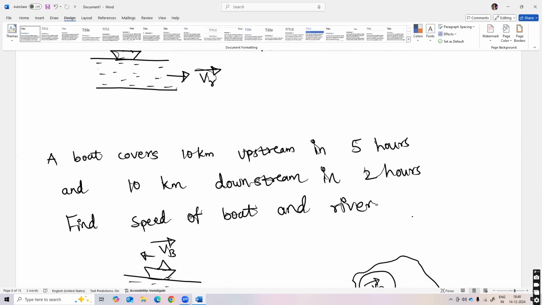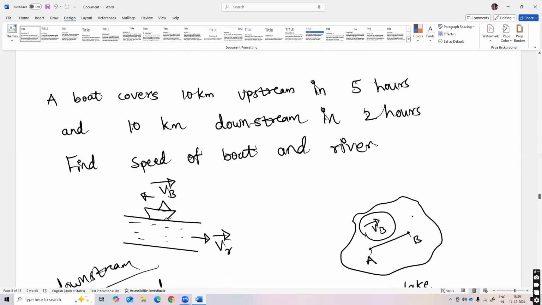Upstream means the boat is moving in the direction opposite to the flow. This is the direction of the river, with velocity vr, and the velocity of the boat is vb. It covers 10 kilometer distance in 5 hours, so the net velocity is vb minus vr.